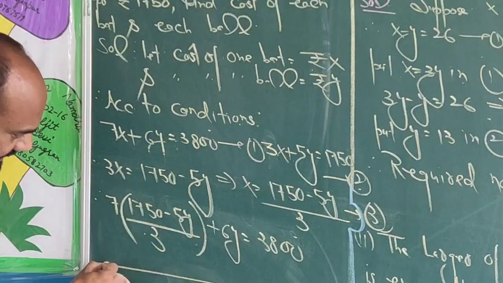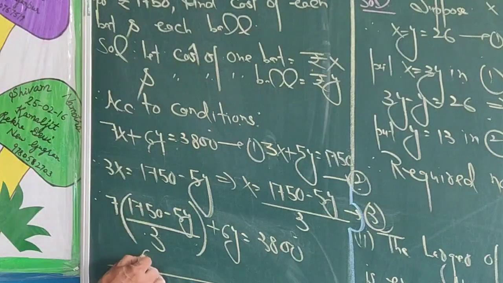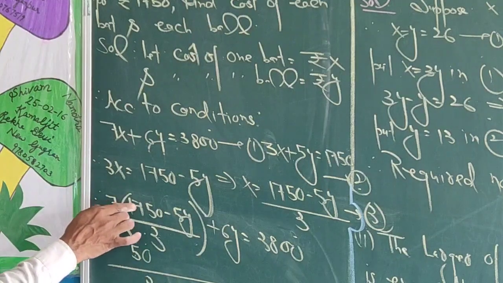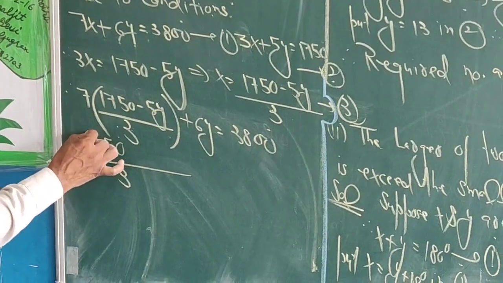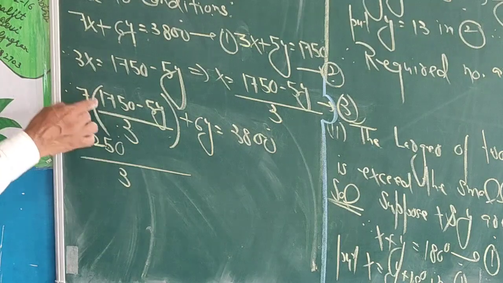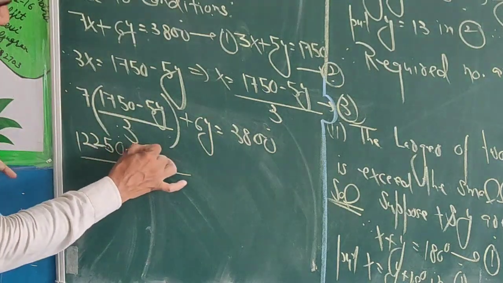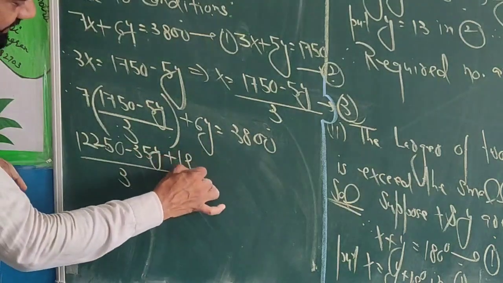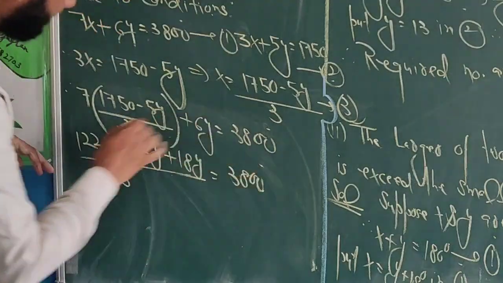Here 3 is the LCM, and by multiplying 7 we get 49x plus 1750 minus 5y upon 3, and then plus 6y, which is 18y upon 3, is equal to 3800.